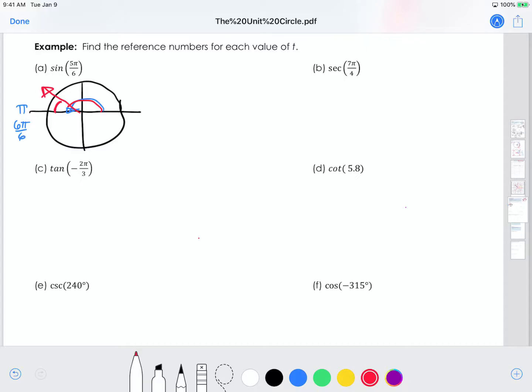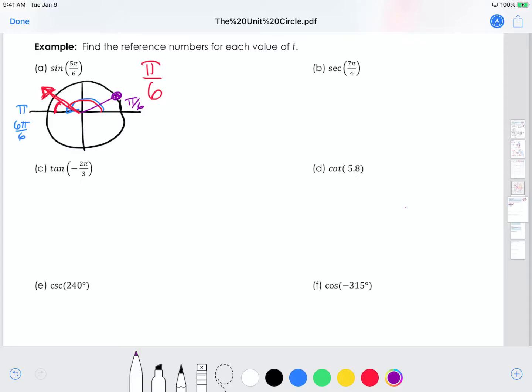So my reference angle is going to be the angle that that terminal side makes with the x-axis. So my reference angle here is pi over 6, which means if I want to find the ordered pair for the angle when I sweep open 5 pi over 6, it's going to be the same as this point over here for pi over 6 when I sweep out. It's just that the signs will be different for the ordered pair.